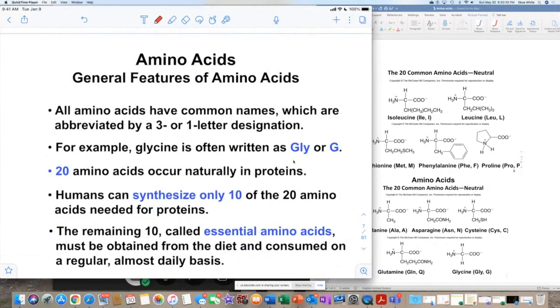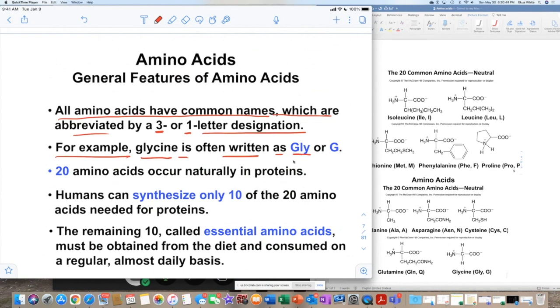General features of amino acids. We're told here all amino acids have common names, which are abbreviated by either a 3 or 1 letter designation. For example, the glycine we just saw, where the R value was essentially hydrogen, is often written as GLY. Remember, chemists are very busy people / lazy.